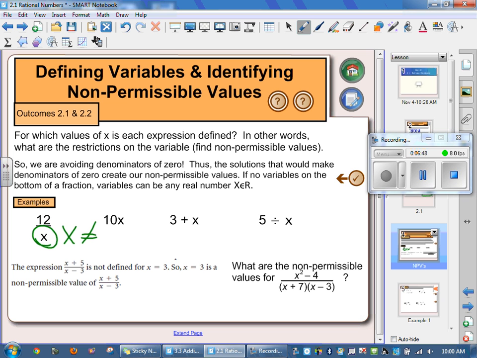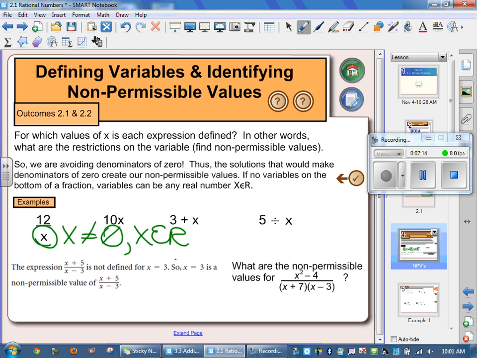That would be our non-permissible value. And then we put comma, x element of the reals. What does that at the end mean? Well, it means x is any real number. So what it means, when it's connected to x cannot be 0, is that as long as it's not 0, it could be anything. Okay? As long as it's not 0.